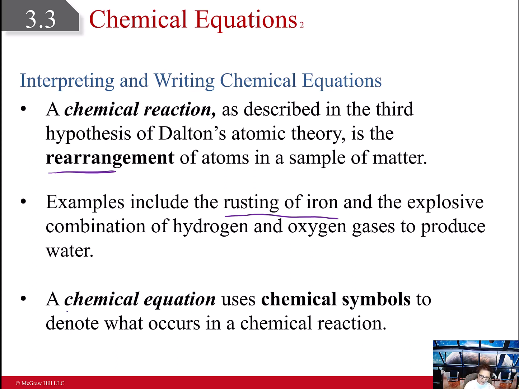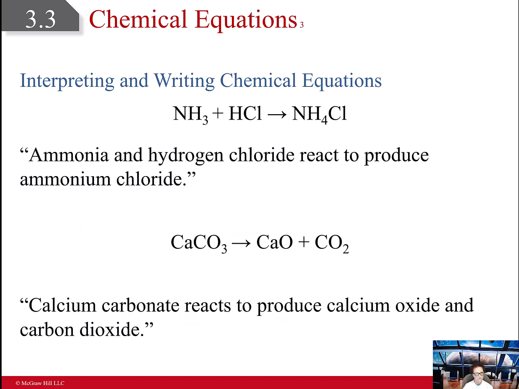So we use a chemical equation to use chemical symbols to describe what's actually going to be occurring in that chemical reaction. If you look at this chemical equation here, what it's telling me is that ammonia and hydrochloric acid are combining to produce ammonium chloride.